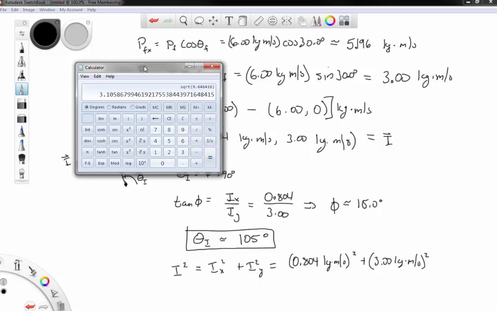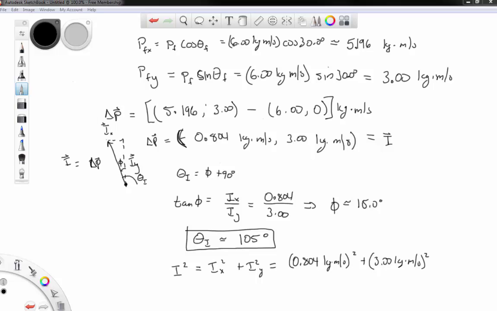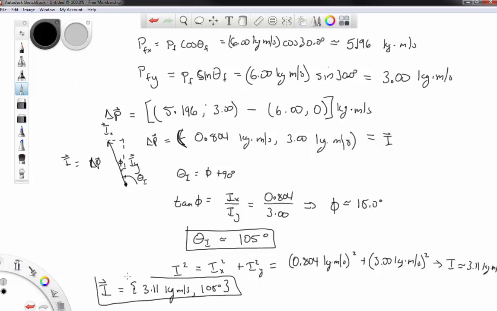Then we take a square root and we get 3.11. So this is basically saying I is about 3.11 kilogram meters per second. So our total momentum change vector, our total impulse vector, is going to be 3.11 kilogram meters per second, comma, 105 degrees. And there we have it. We've solved it.